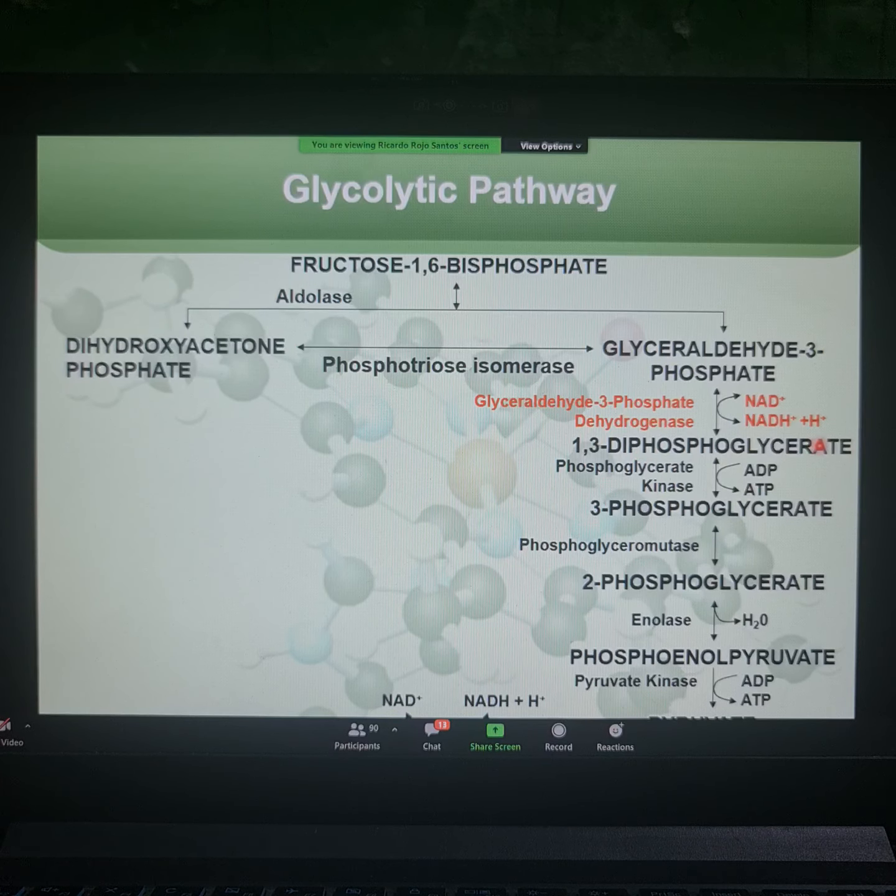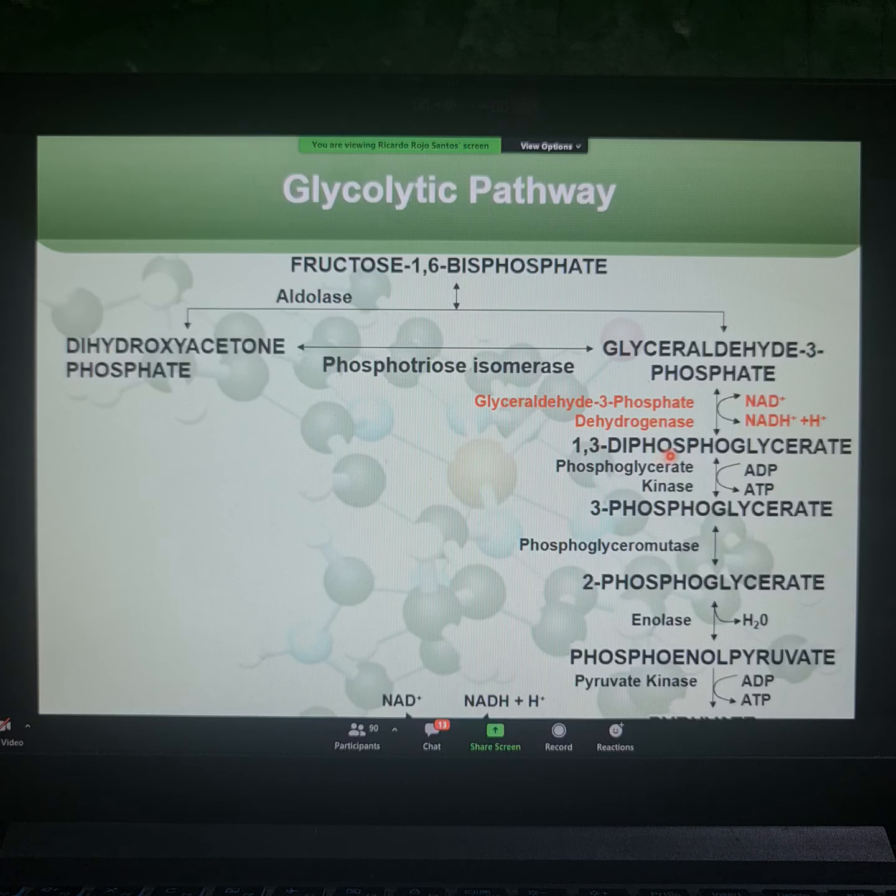Okay? Now, that converts glyceraldehyde 3-phosphate to 1,3-diphosphoglycerate. Okay? And there will be substrate level phosphorylation here, catalyzed by phosphoglycerate kinase. The phosphate group in carbon 1 will be removed by the kinase, transferred to ADP, and ADP becomes ATP.